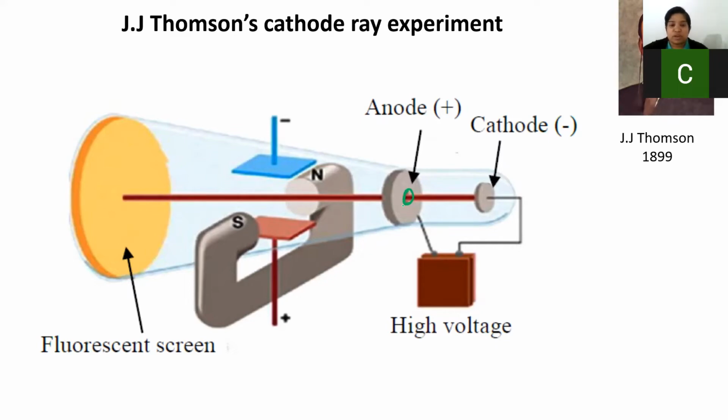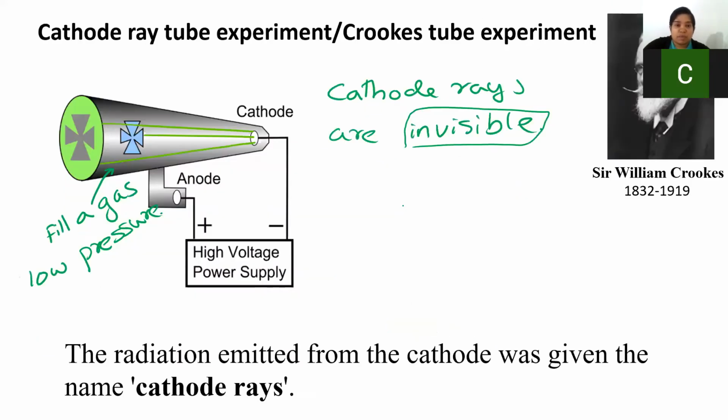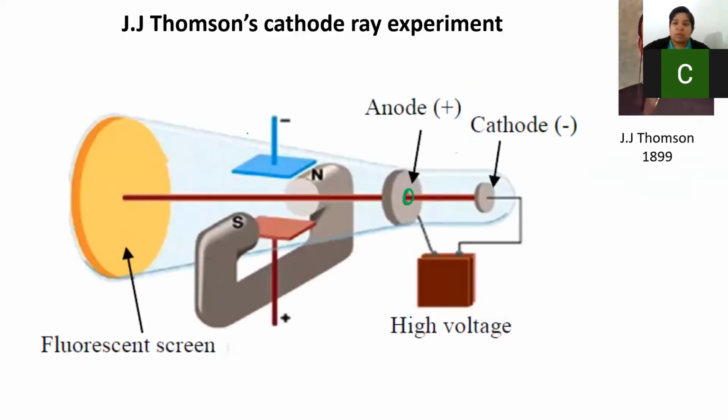So the difference is that in the previous one, you can see there aren't any holes. This is the basic layout of William Crookes' cathode ray tube. But J.J. Thomson made this hole in the middle of the anode, and additionally he had additional stuff attached.